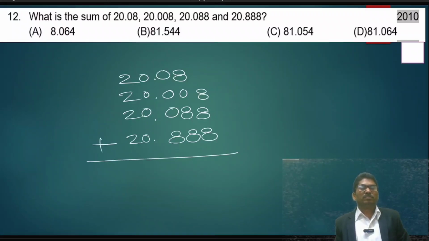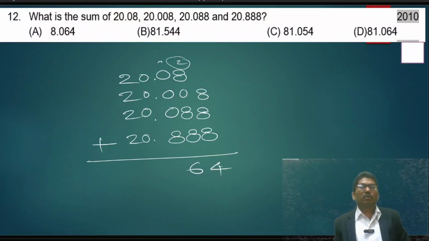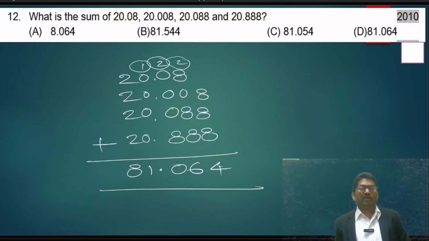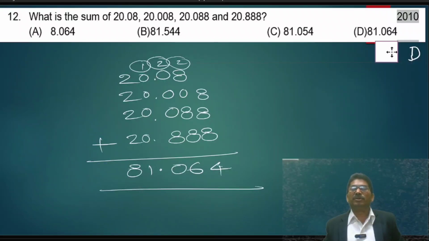So sum: 8 is 24, 2 carry, 10, 18, 20, 18, 26. 2 carry, 10, 10, 1 carry, 1, 1, 2, 3, 4, 4 to the 8, 81.064. Sorry, 81.064, yes, 064. D is the correct option.